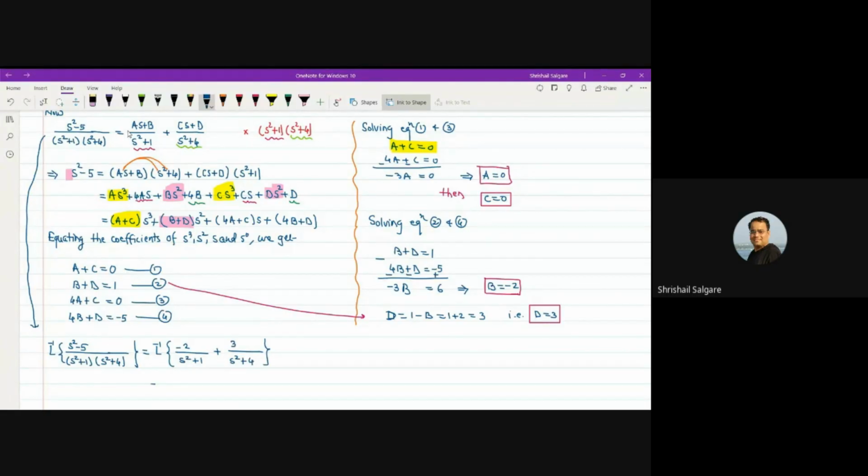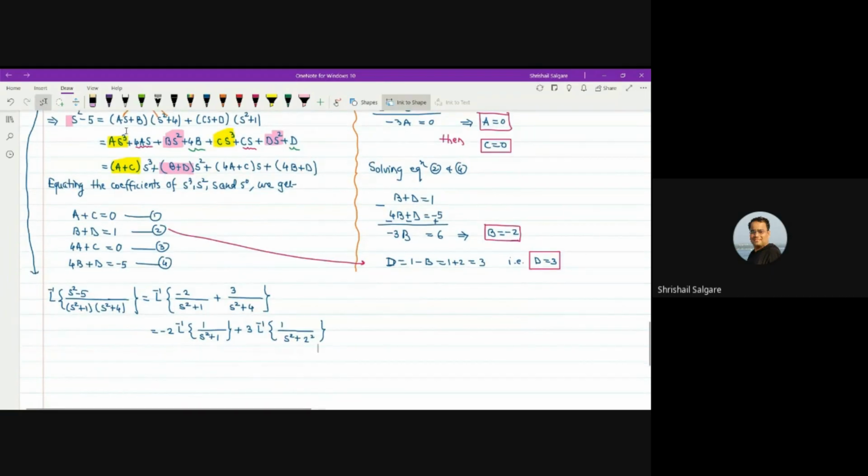By the linearity property, this is minus 2 times L inverse of 1 upon s square plus 1 plus 3 times L inverse of 1 upon s square plus 4, which can be written as 2 square. Now this can be further written as minus 2 into what is the inverse Laplace?